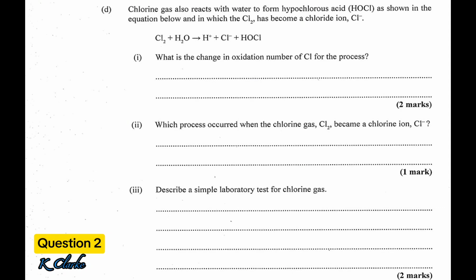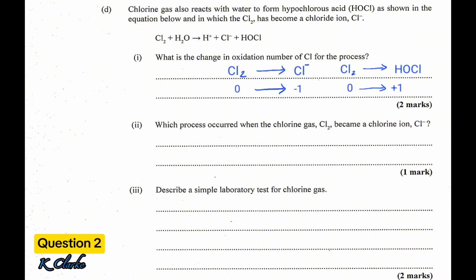What is the change in oxidation number of chlorine for the process? Chlorine gas converts to chloride ion. In this equation, chlorine gas has the oxidation number 0. Chloride ion has an oxidation number of -1.